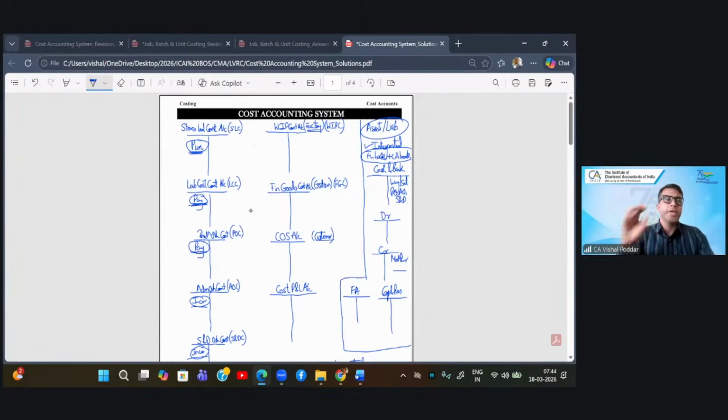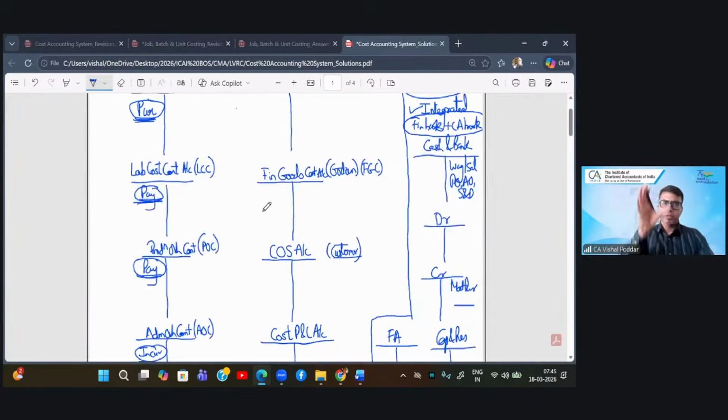Now, the special point, which is not there in your financial books, is charging of these expenses. See, what is costing? Costing is once you have incurred or paid the expense, now you have to charge it to your product so that you get the cost of each product. Now, whatever charging you do, which you do in the cost sheet, you simply prepare a statement, write all the expenses and add.